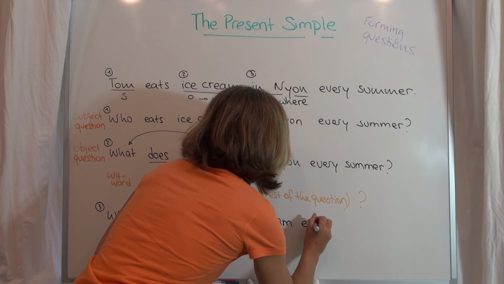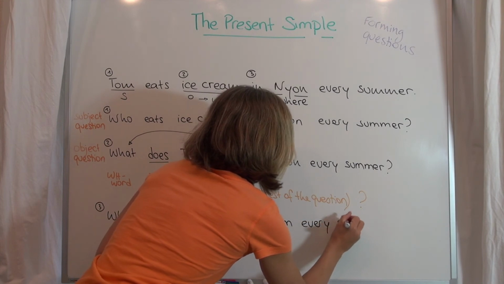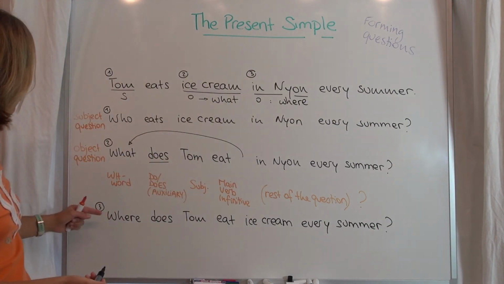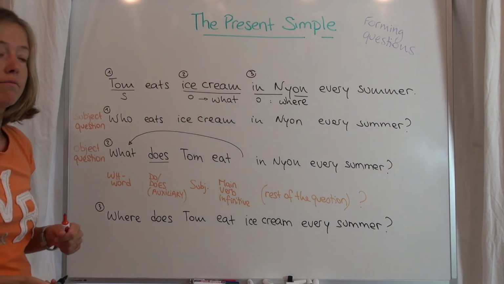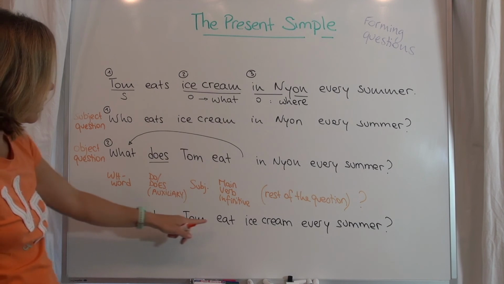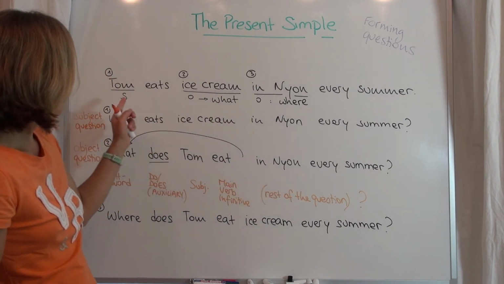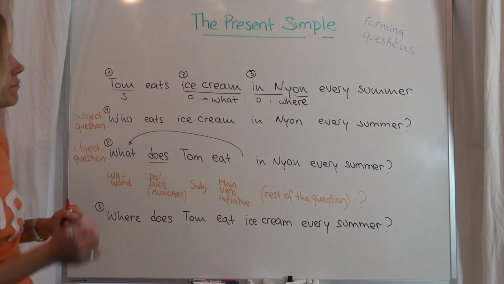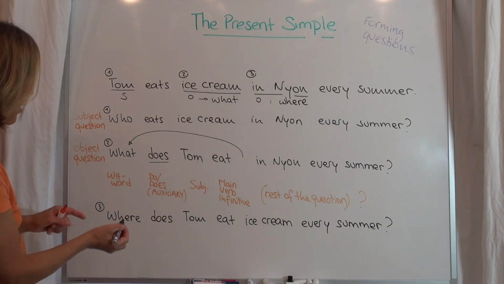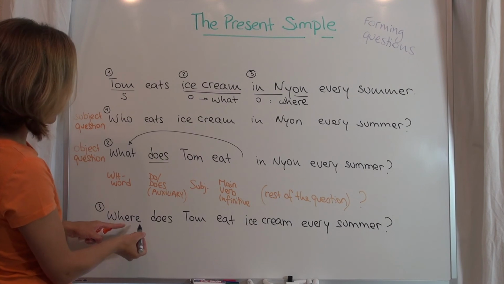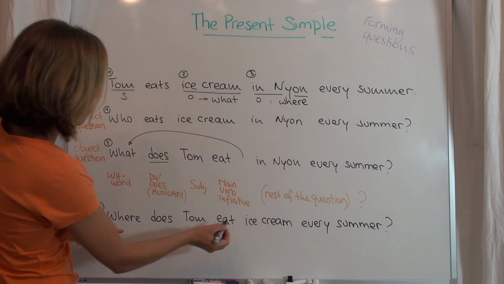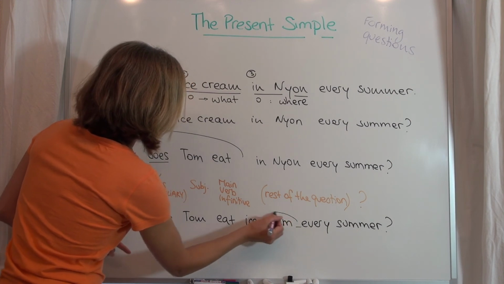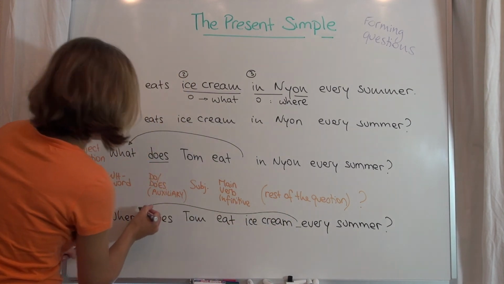So where does Tom eat ice cream every summer? And the answer is in Nyon. Where does Tom eat ice cream every summer? Tom eats ice cream every summer in Nyon. Okay. So here you can see that the where moved from here to the beginning of the sentence. See that?